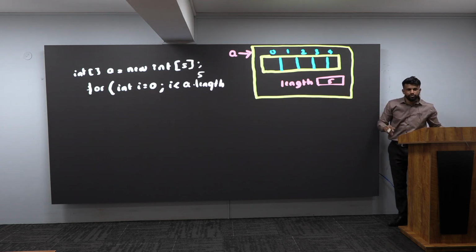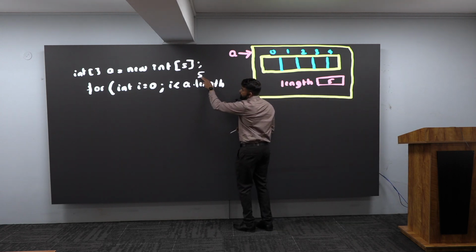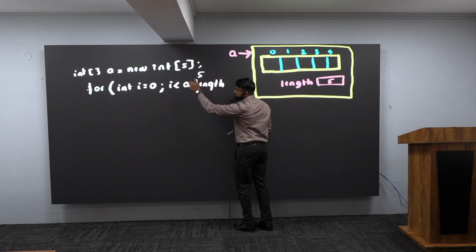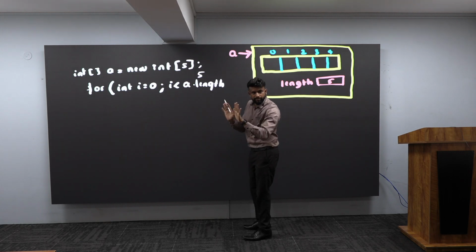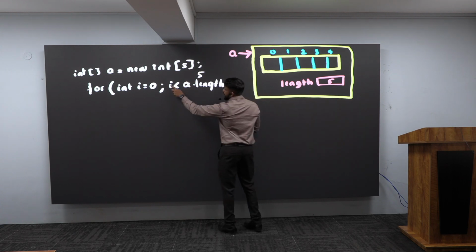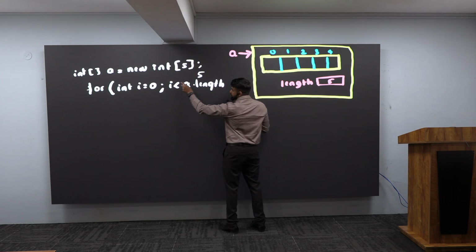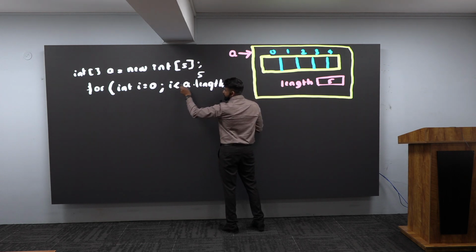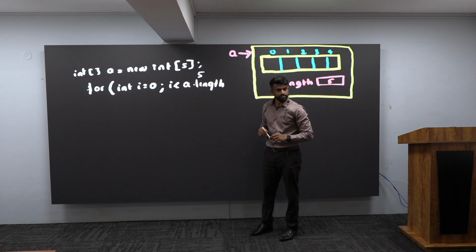Go until 5 means you should not check for 5, but you should go till 5, means from 0, 1, 2, 3, 4. It will stop there itself. So if you are telling less than or equal to, you should tell A dot length minus 1. If you are just telling less than like this, then you can just tell A dot length. It will work.